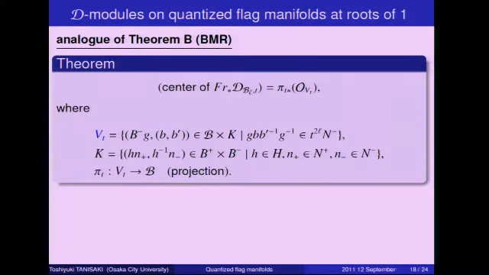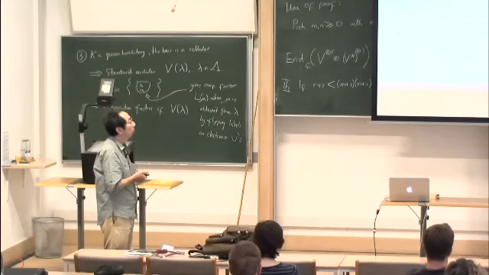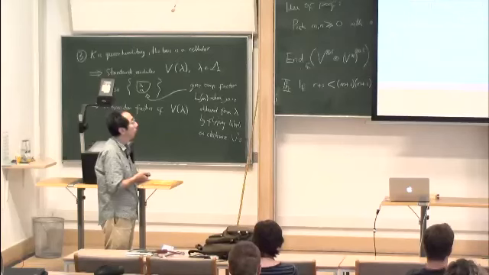But anyway, the center of this ring consists of the ring of functions on this Vt. So we can consider the localization of this algebra on Vt. So D tilde is a localization of this algebra on Vt. So this is a sheaf of algebras on the variety Vt.